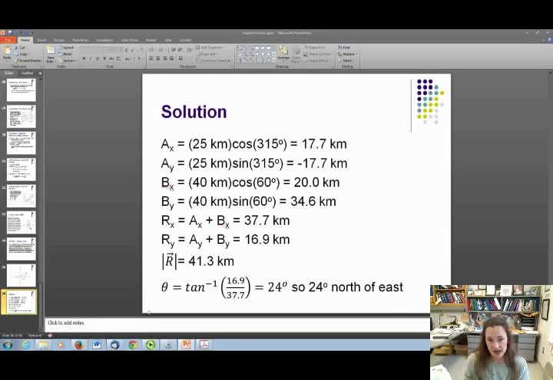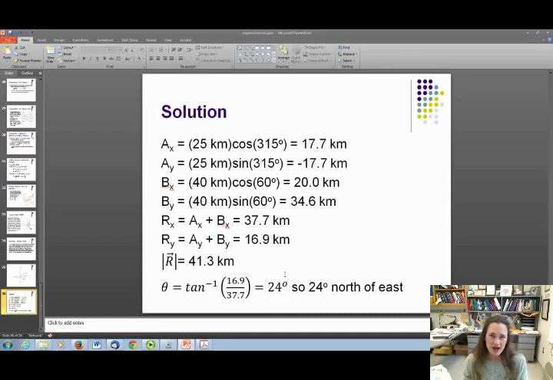And then my angle theta would be the inverse tangent of the y component over the x component. So I've got the inverse tangent of 16.9 over 37.7, and that gives me 24 degrees. And so my vector R is 41.3 kilometers at 24 degrees north of east.